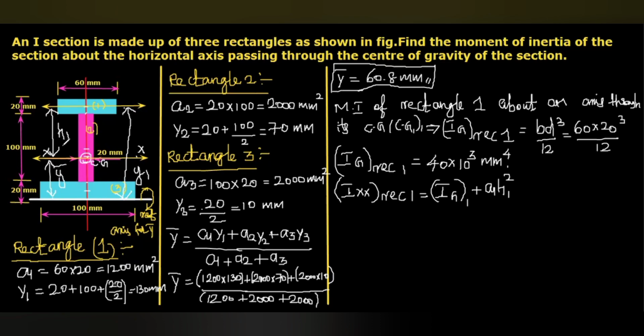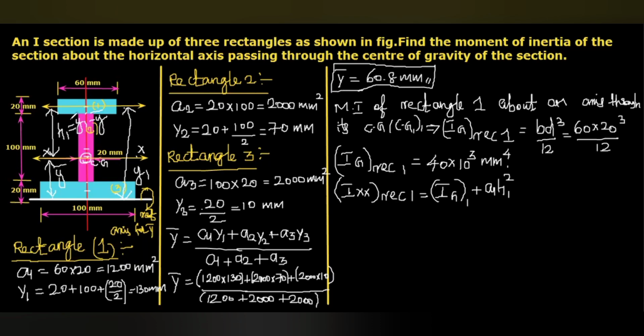Here we need this distance. So we can take y1 minus y bar. Okay, h1 is this distance, y1 minus y bar. Do you understand? h1 equals y1 minus y bar. Generally, we can write the difference: h1 is the difference of y1 and y bar.